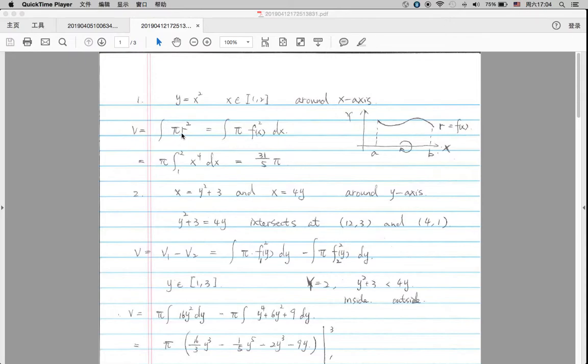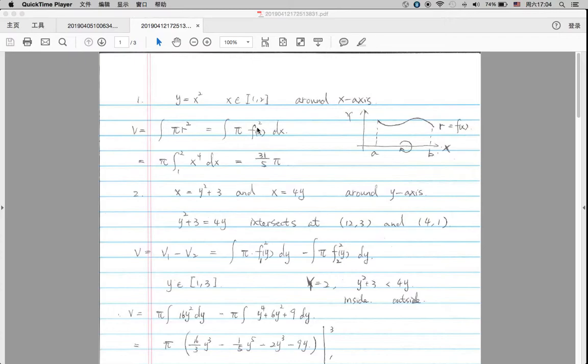by the area of a circle, which is pi r squared. In this technique, the radius is always equal to f of x.